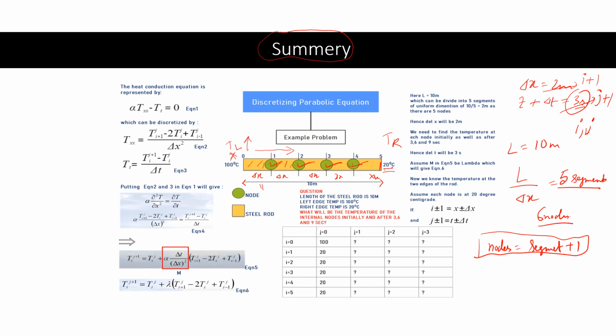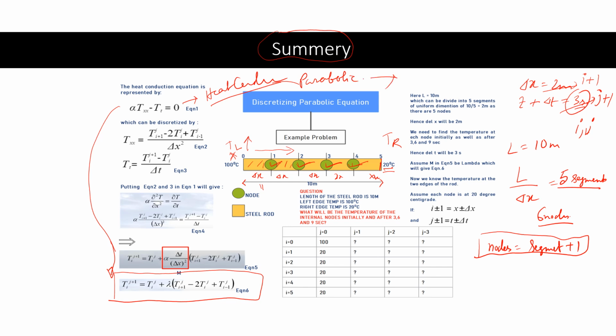So to find out what is the temperature at all these nodes after a time increment of 3 seconds, we have to use this equation. This equation has come out from this equation, which is nothing but a heat conduction equation, which is a parabolic equation.